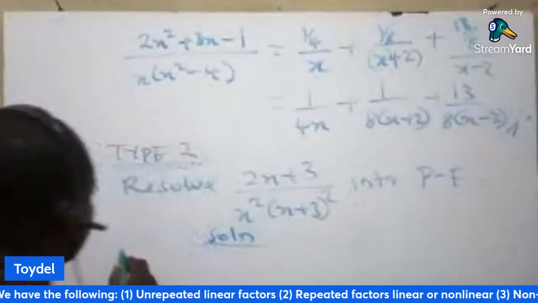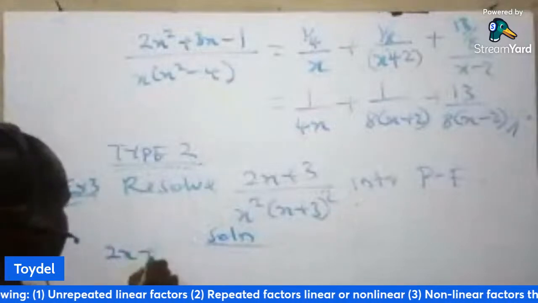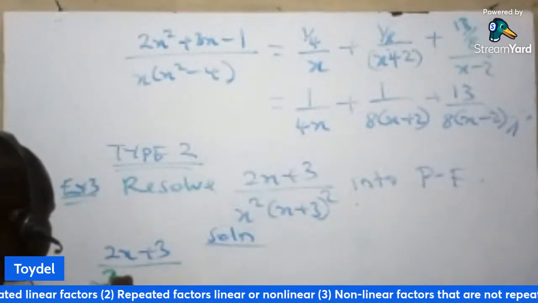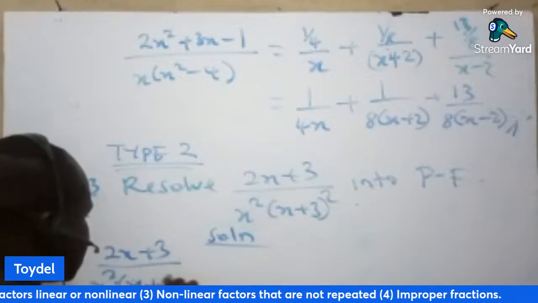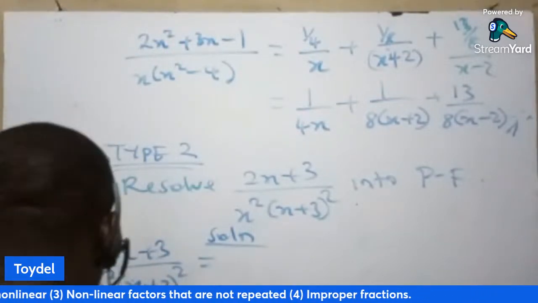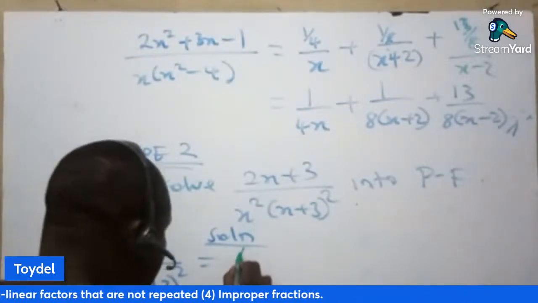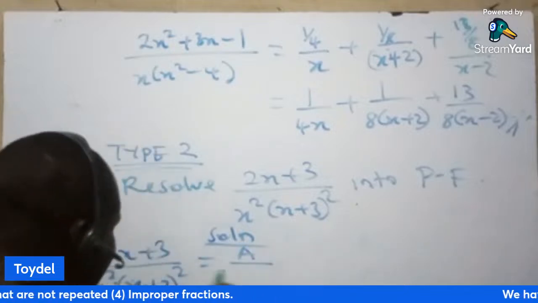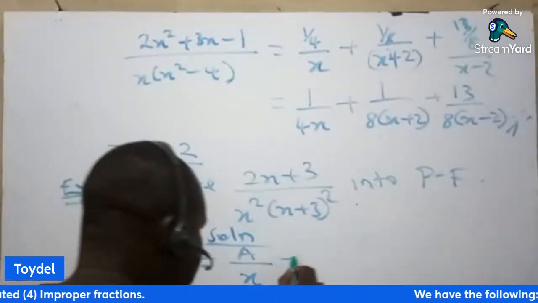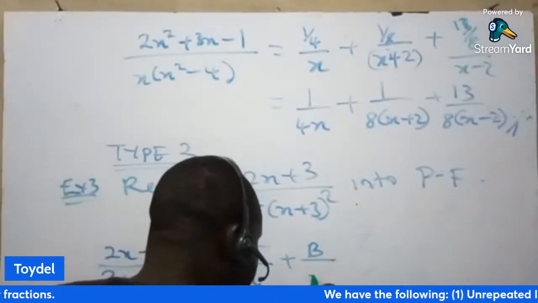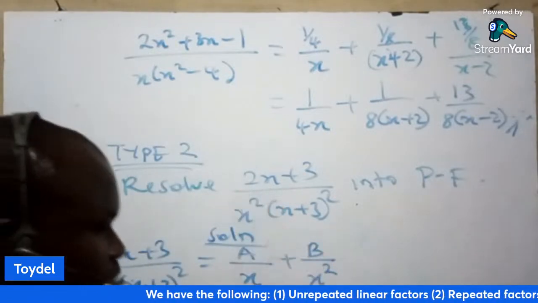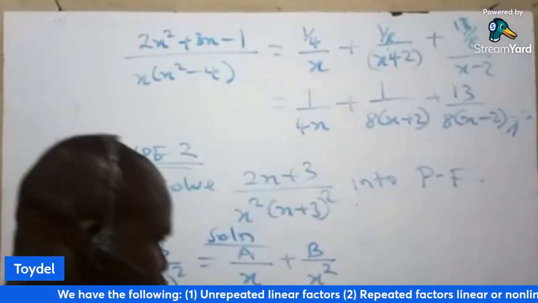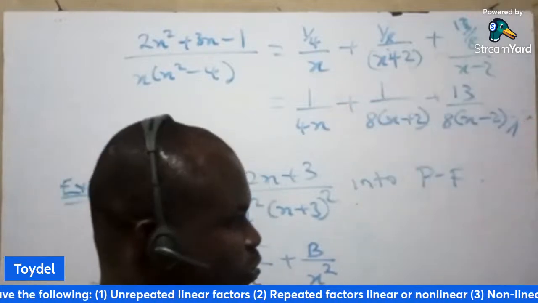Let me state it here. We have 2x plus 3 all over x squared into brackets x plus 3 all squared. By the time we want to resolve this, this is what will happen. You say a all over x, then b all over x squared, write the repeated one. If you have x cubed, we are going to have a all over x plus b all over x squared plus c all over x cubed.